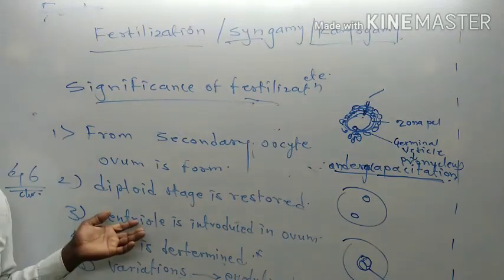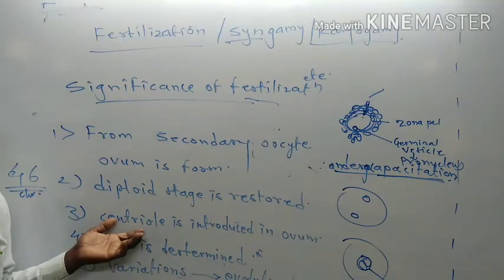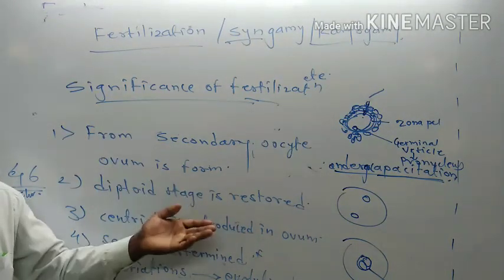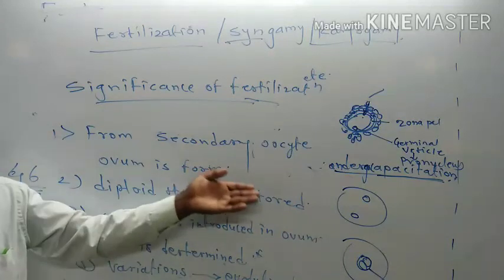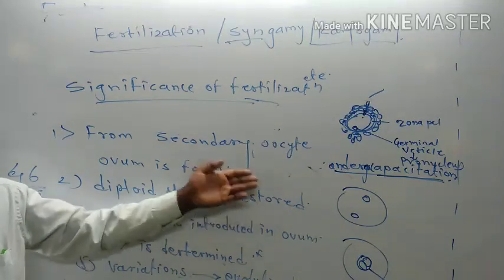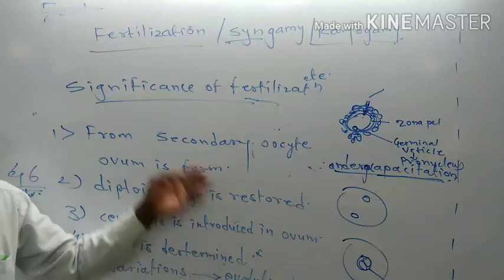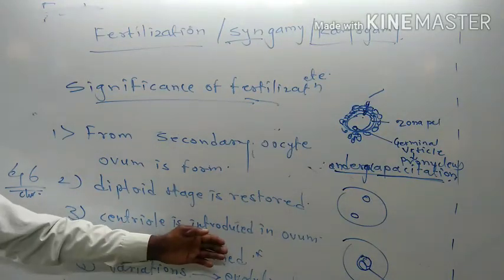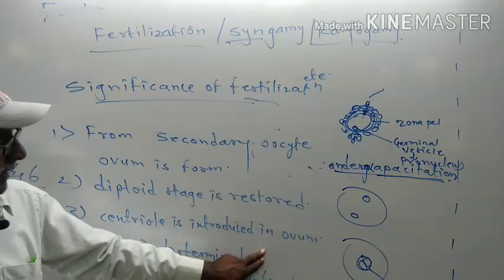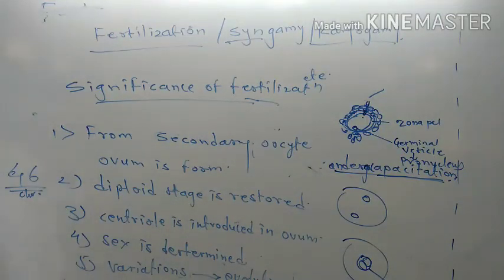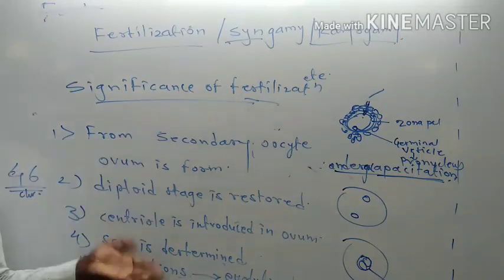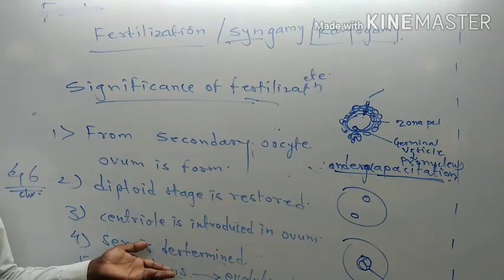Then the centriole, which is present in the sperm, enters the ovum, which lacks a centriole, and the centriole has a role in the division process. Then sex is determined during fertilization, because if fertilization does not happen, how will sex be determined?